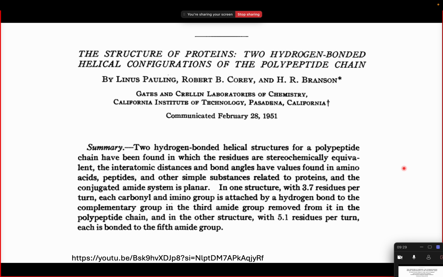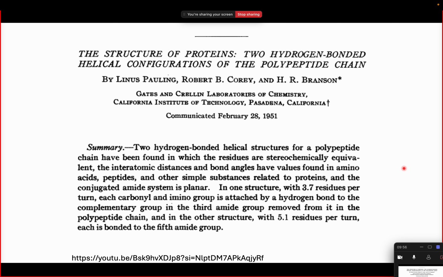The overall summary of the paper was that two hydrogen bonded helical structures of a polypeptide chain have been found in which the residues are stereochemically equivalent. The intra-atomic distances and bond angles have values found in amino acids, peptides, and other simple substances related to proteins. And the conjugated amide system is planar.